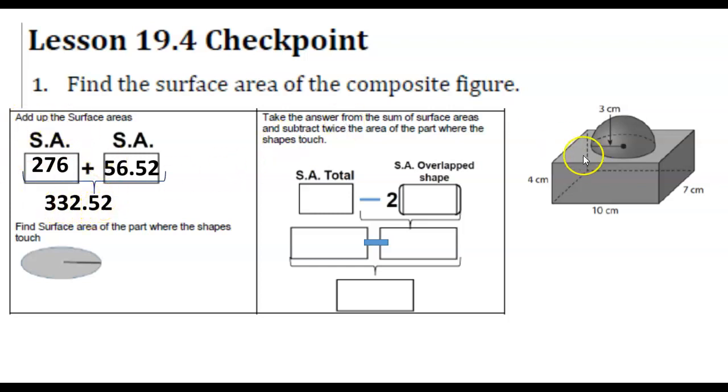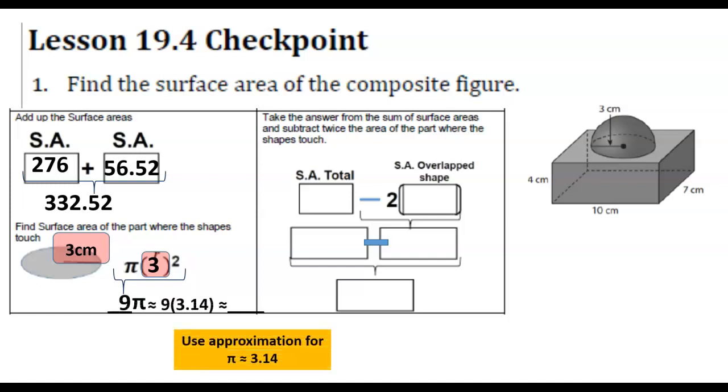And you'll see that they add up to about 332.52. Now, because there's a surface area that's not open, in fact, it's where they touch, the circle part is where they touch. We're going to find the surface area of that part, that circle that they touch at, the hemisphere and the box. So let's find that out. What would this be?